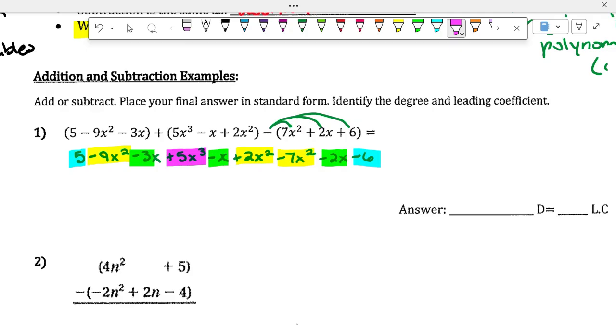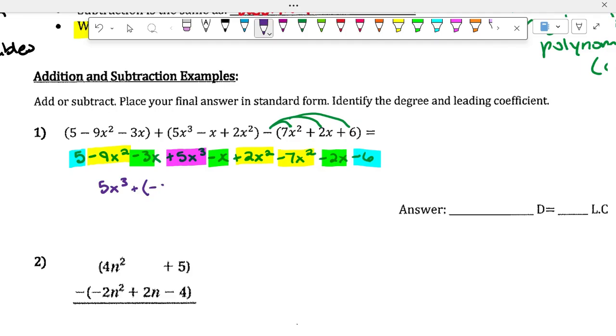All right. So we're going to add based off of standard form. First off, I'm just going to rewrite my terms in standard form before I even add anything. What term would come first in standard form? 5x cubed. So I'm going to write 5x cubed first. What exponent would come next? The x squared.